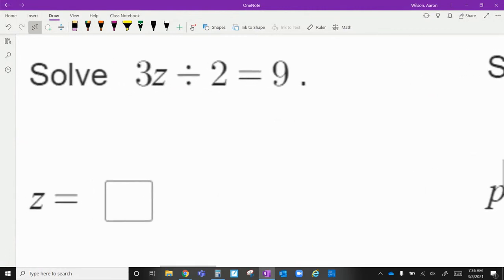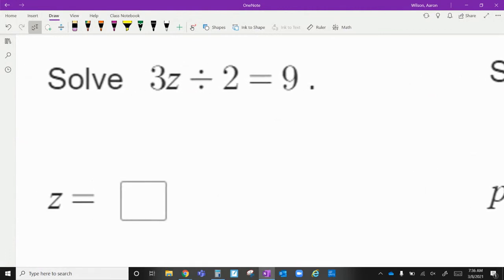Keep in mind, the division sign, you can kind of substitute that in with a fraction. So you're really looking at 3z over 2 is equal to 9. The reason why I wrote it that way is keep in mind that division can be written as a fraction.